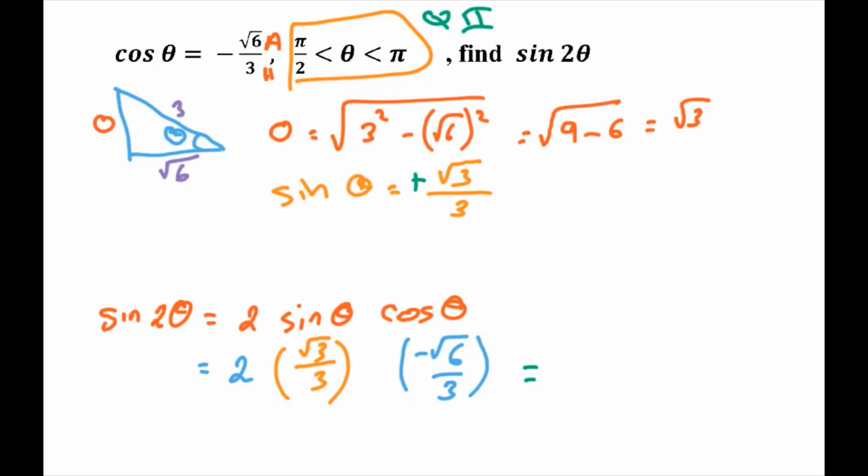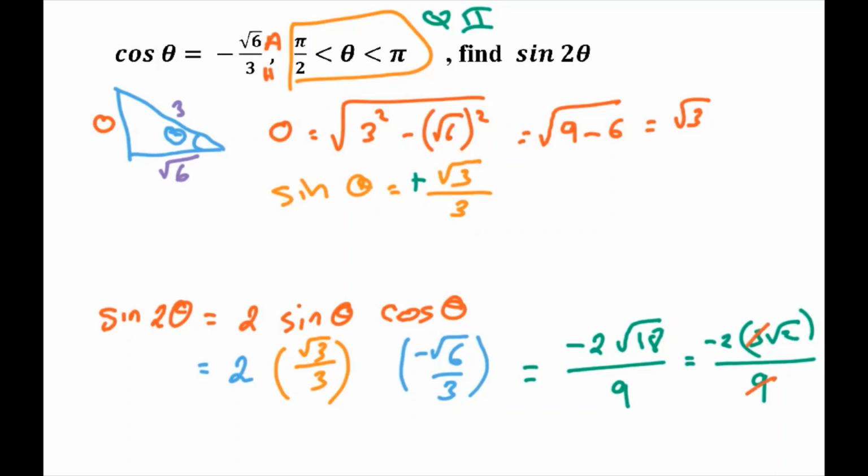That's going to be negative 2 square root of 18 over 9. Now square root of 18 basically is 3 square root of 2. It's going to be negative 2 times 3 square root of 2 over 9. This can cross out something with here. So it's going to be negative 2 square root of 2 over 3.